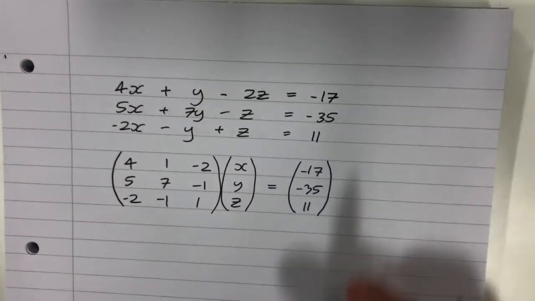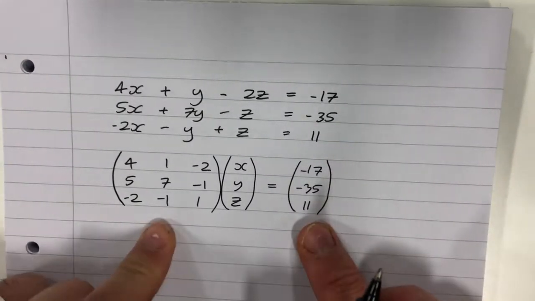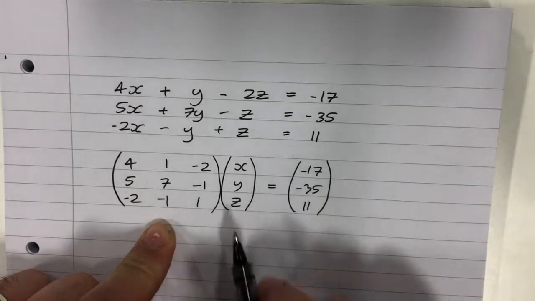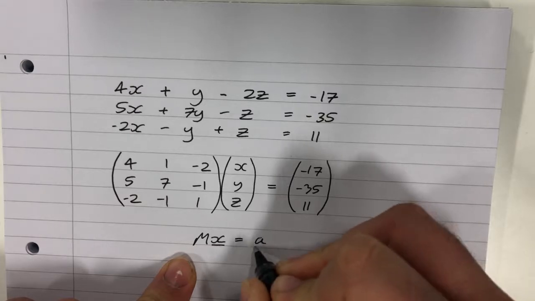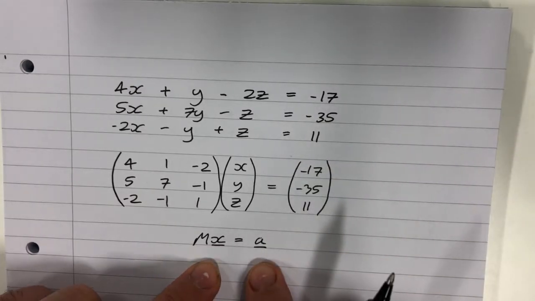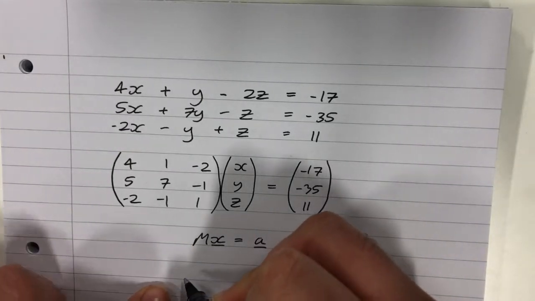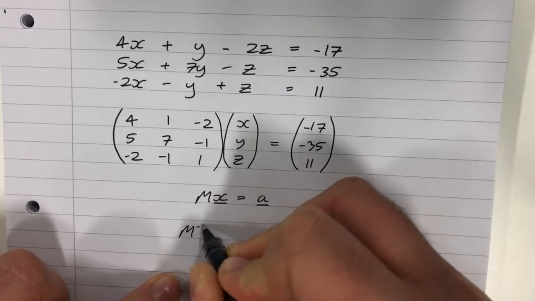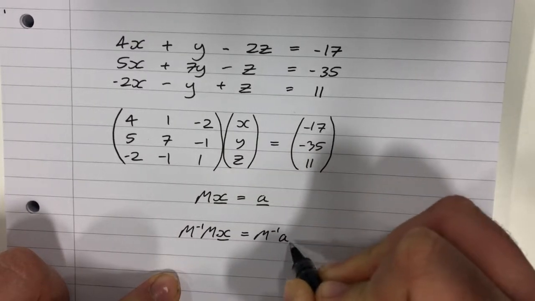So I've just written this set of equations as a matrix set of equations. In other words, M times x bar is equal to a vector a. And what I could do is multiply both sides of this equation on the left by inverse M, assuming it exists, which I know it does in this case.